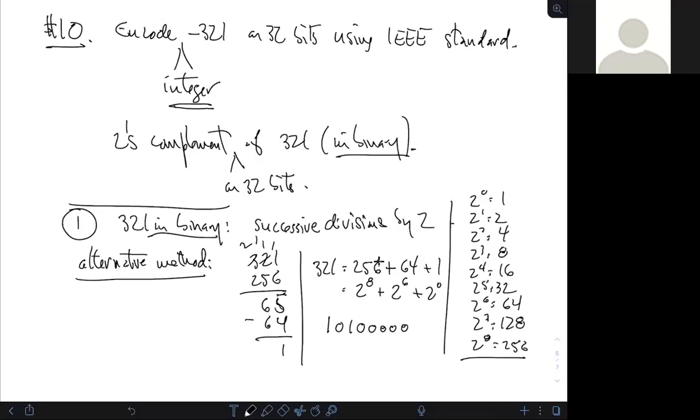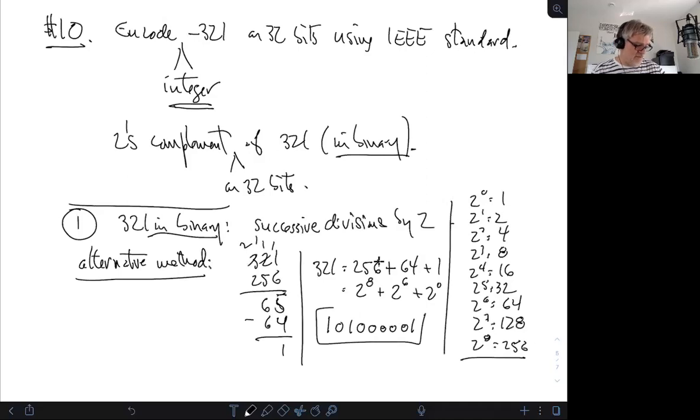Is there supposed to be like 5 zeros? I think so, yeah. So 1, 0, 1, 2, 3, 4, 5, 6, 7, 8. Yes. So this is 321 in binary.